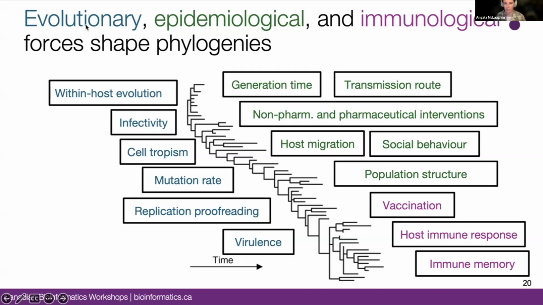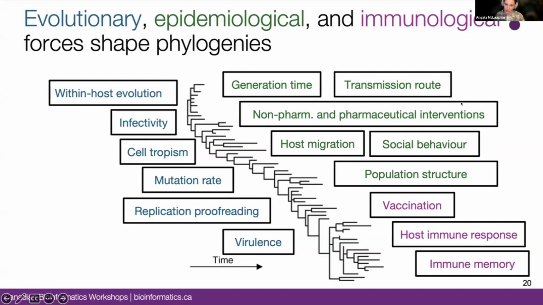And then we have some of these epidemiological forces, such as the generation time. So that's the time between consecutive infections. The transmission route. Is this an aerosol? Is this a sexually transmitted virus? Were there non-pharmaceutical or pharmaceutical interventions in place throughout its evolution or at certain times?